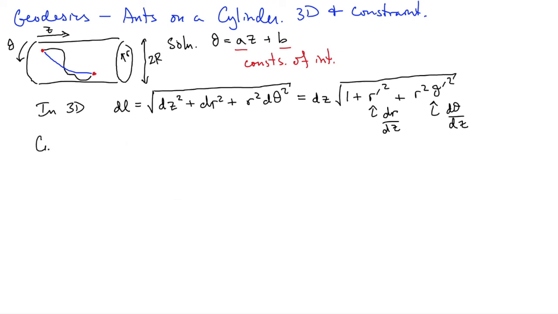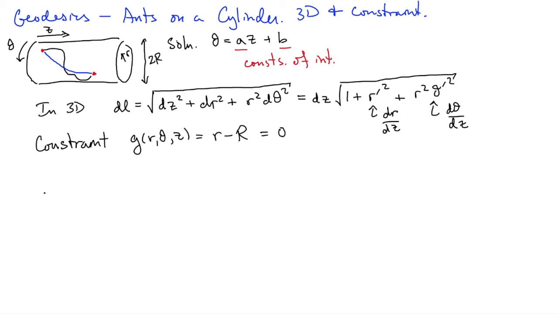Okay, our constraint is going to just be that r of theta and z is equal to r minus capital R. That is to say, we're going to be constrained to live on the surface of the cylinder.